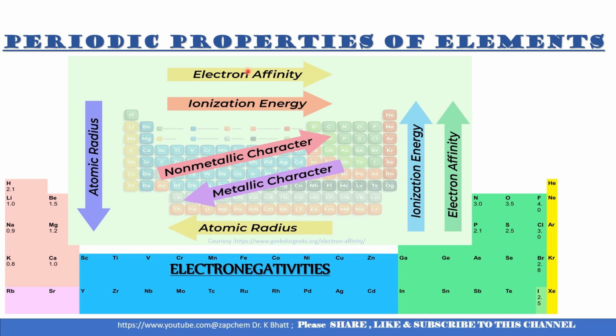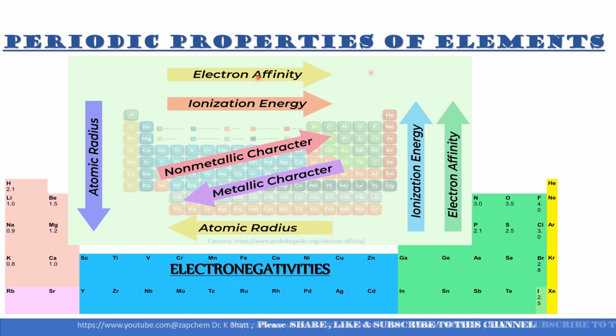Now, what we need to know about these properties is the variation of these properties when we move across the period, or across a particular row of the periodic table, or down the group. And there is definitely a relation that can be made out between electron affinity and electronegativity.